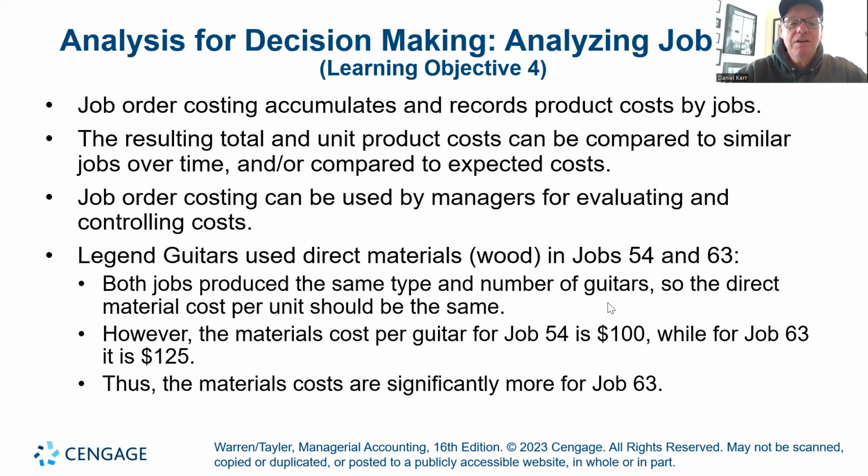However, when comparing the two jobs, we find that the material cost per guitar for job 54 was $100, and for job 63, it was $125. So the material cost per job is significantly higher for job 63 than for job 54.